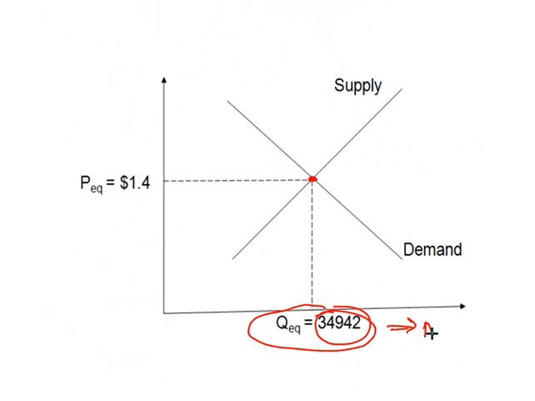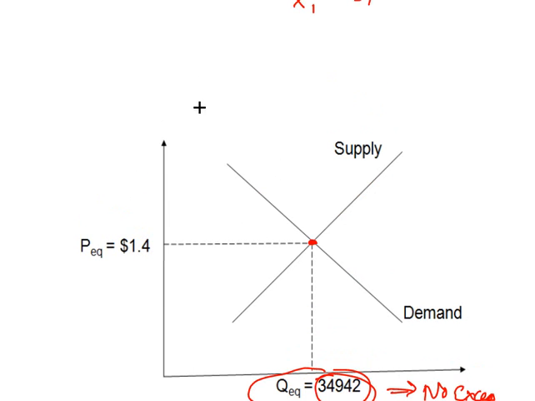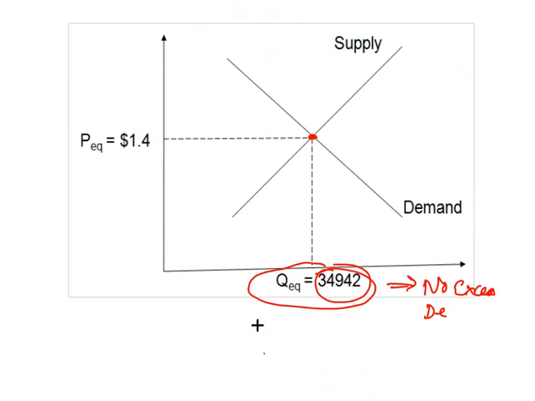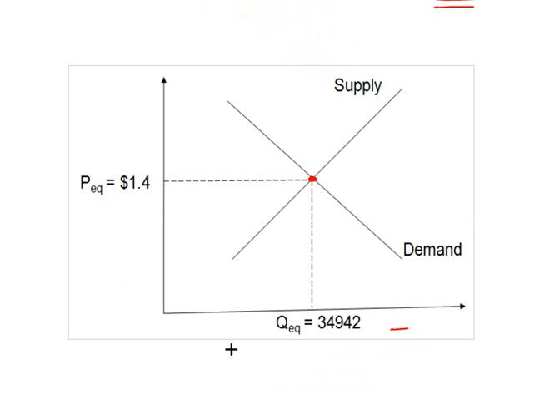Please note that at equilibrium, you will not have any excess demand. This is what happens if the price is below the equilibrium: you will have excess demand.